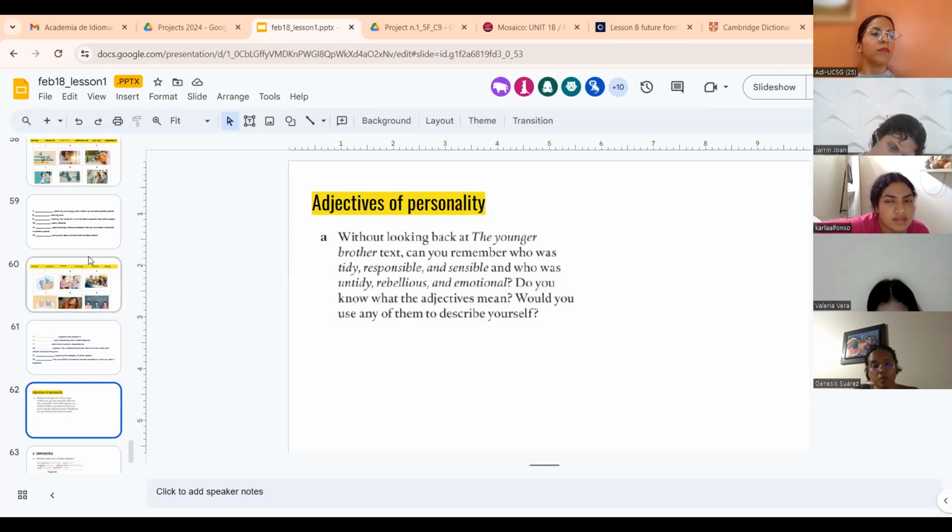I think the sensible one was the only child. But the text is the younger brother. I remember that this text was about two brothers who had a terrible relationship when they were younger. Do you remember? One was called Jeff and the other one was Steve. Okay, so between these two brothers, who was tidy, responsible, and sensible?